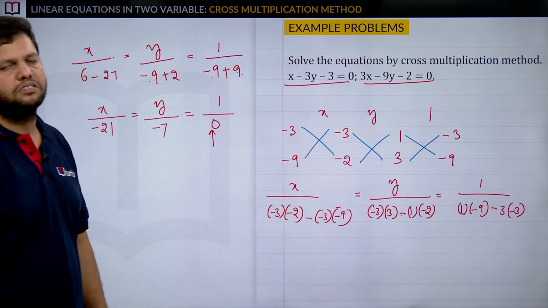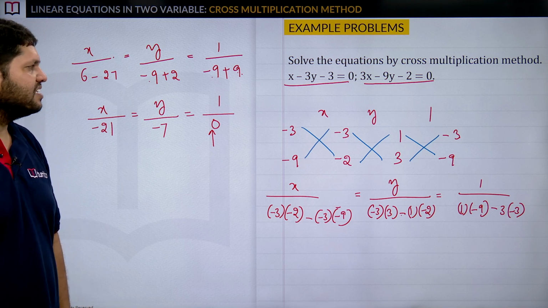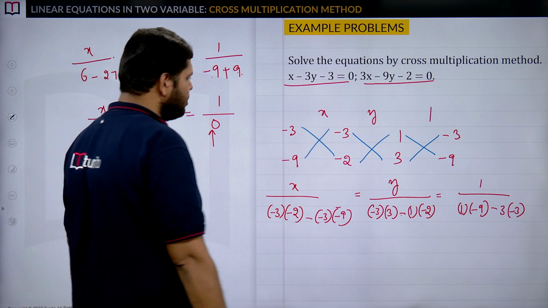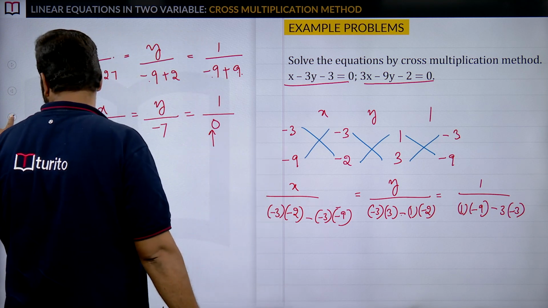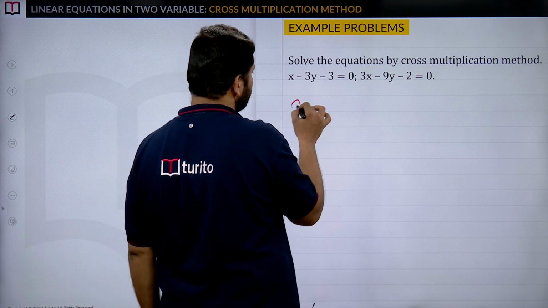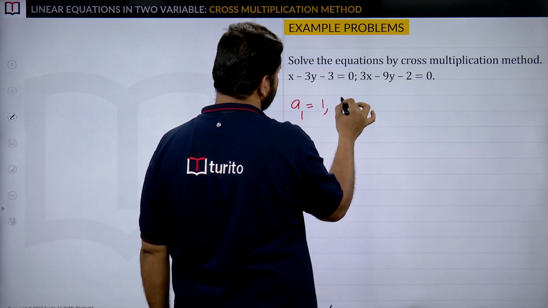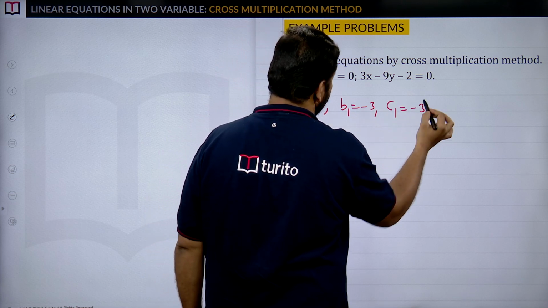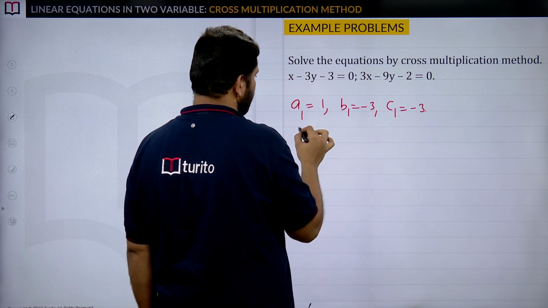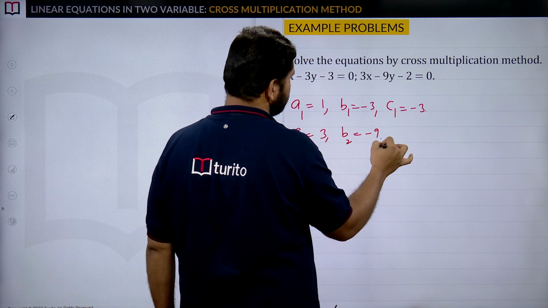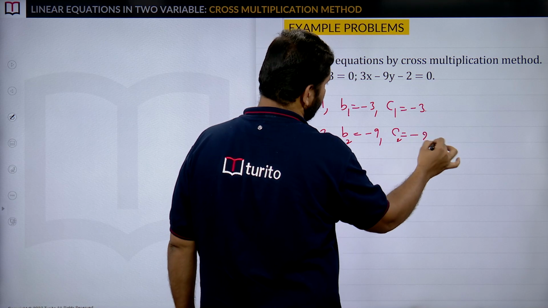Why? Because let us see what is the nature of the solution. Let me find that. So, after that, we will see whether the solution is possible or not. So, how can we find the nature of the solution? A1 is equal to 1, B1 is equal to minus 3 and C1 is equal to minus 3. And here A2 is equal to 3, B2 is equal to minus 9 and C2 is equal to minus 2.